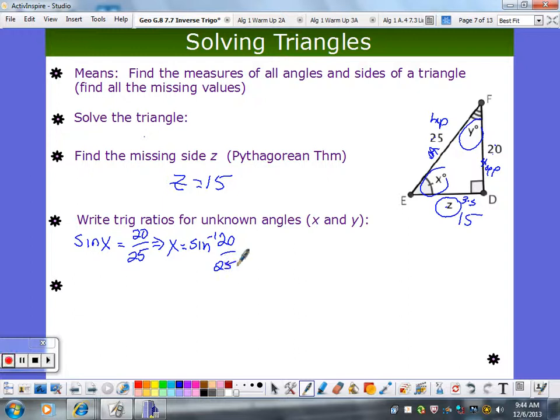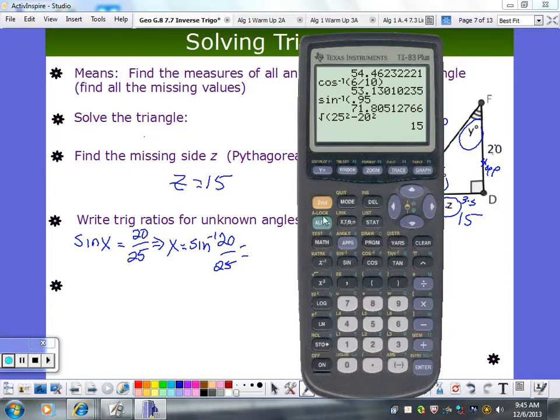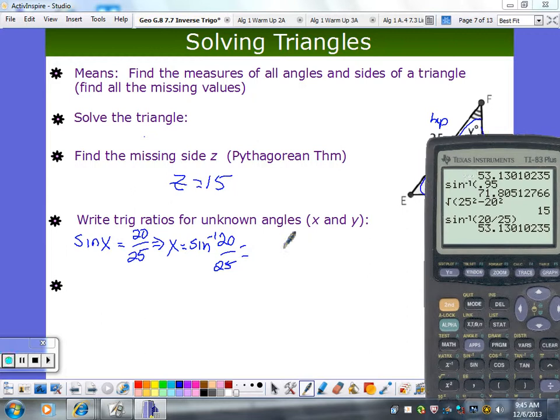Honestly, in my head I say x is the angle whose sine is 20 over 25. It kind of keeps me straight on that, because I get confused. So we go here, I mean the angle whose sine is 20 over 25. Approximately 53.1 degrees.